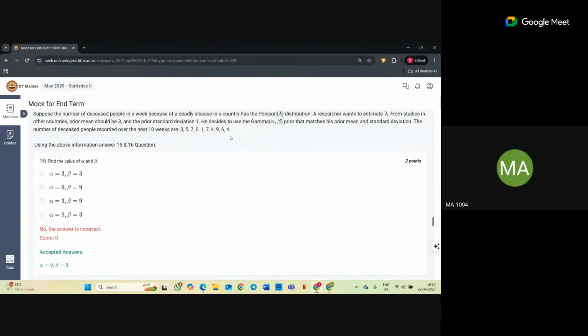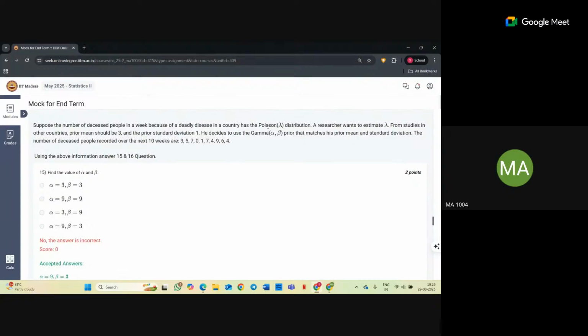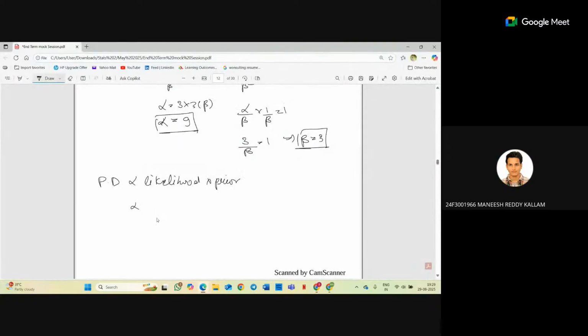The samples are following what? Poisson distribution. So this will be the product over i going from 1 to the number of samples, so 1 to 10, of e raised to the power minus lambda, lambda raised to the power xi divided by factorial xi, into the gamma prior.